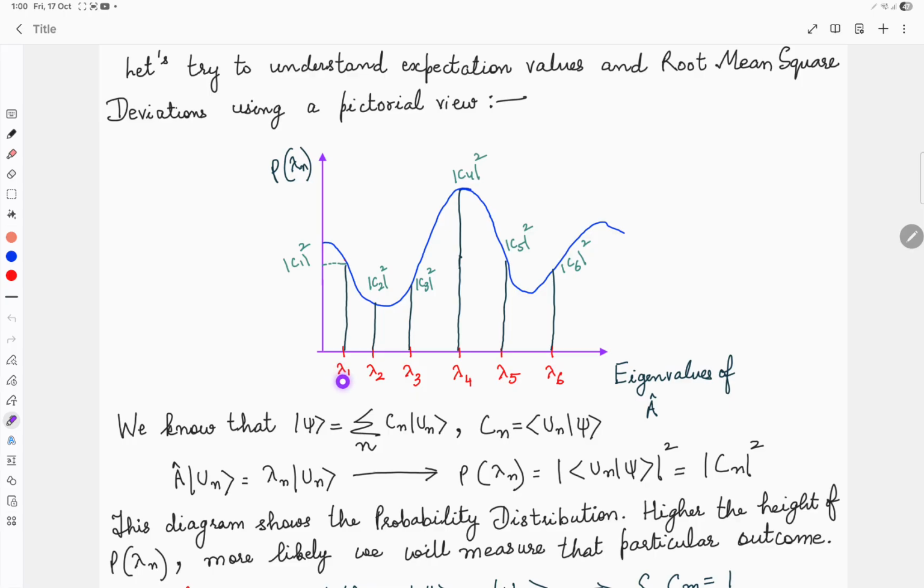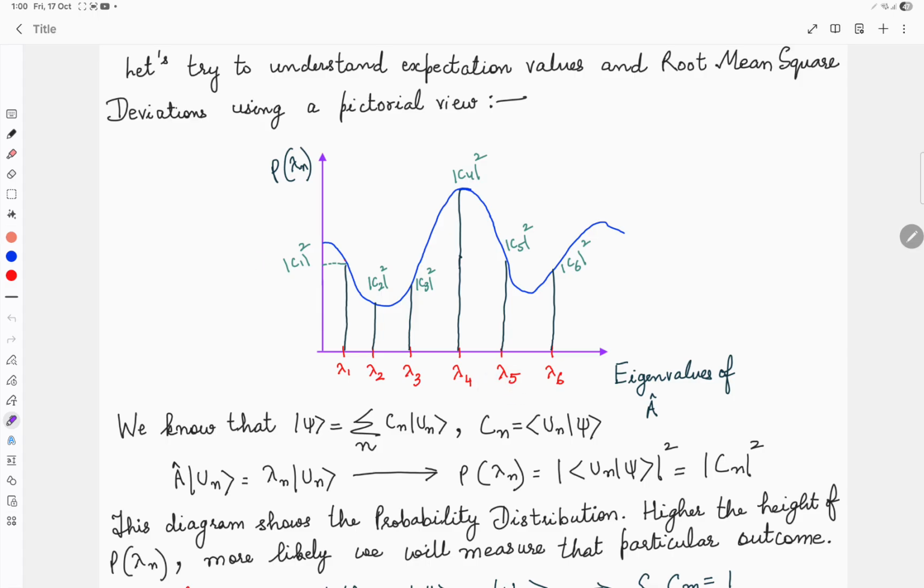So if the measurement outcome is lambda 1, the probability associated with lambda 1 is the modulus of C1 squared. With lambda 2 it is the magnitude squared of C2. Corresponding to lambda 3, it is the magnitude squared of C3, and so on for each eigenvalue.